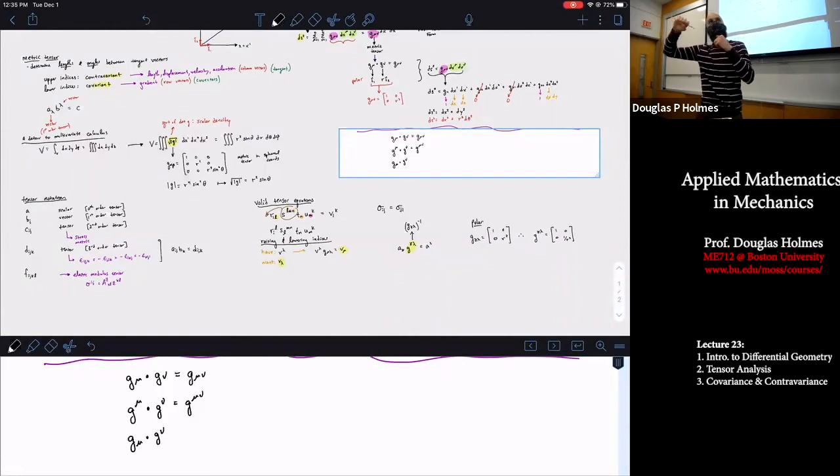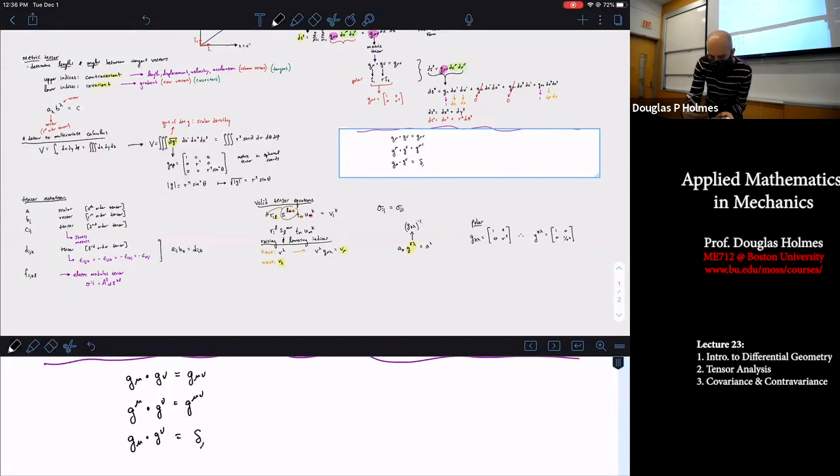I don't think we're going to have time to do this derivation right now, but what this results in, always, if you're dotting the covariant and contravariant components of the metric tensor together, is Kronecker's delta.